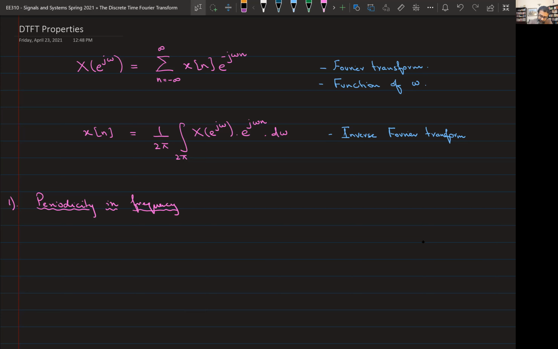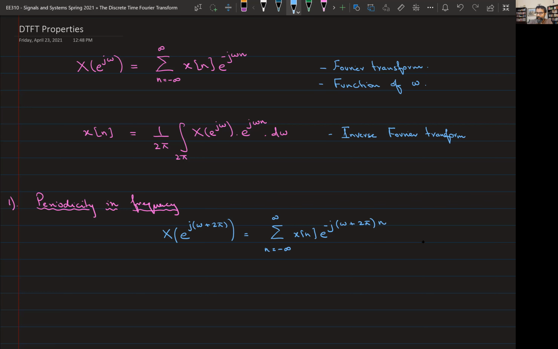If I look at the Fourier transform expression above, and compute X of e raised to j omega plus 2 pi, and plug this into the expression, I get the sum from n equals minus infinity to plus infinity of x of n e raised to power minus j, and instead of omega, I have omega plus 2 pi, times n.